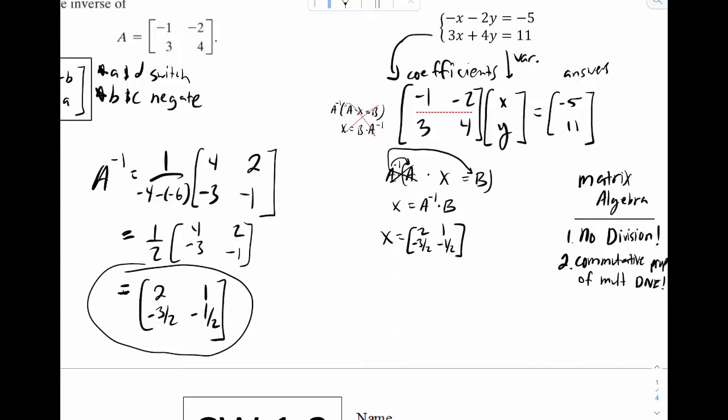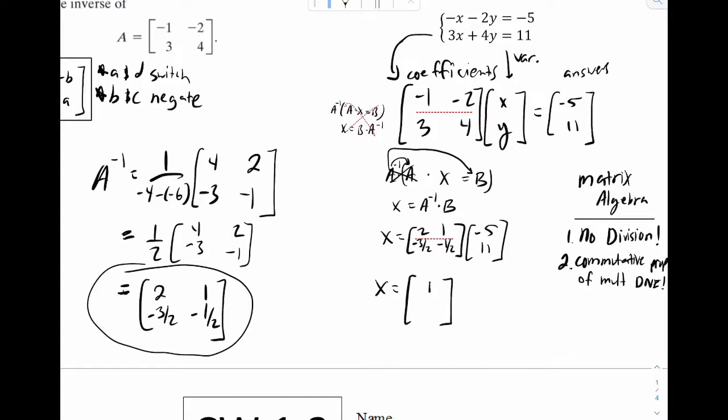Matrix B is -5, 11. Let's put in our dotted lines right there, and let's do the math. That would be -10 plus 11, that's 1.